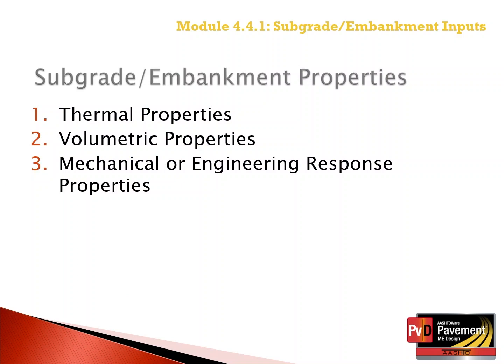As noted in an earlier slide, the subgrade and embankment layer properties, as well as for the other layers, are grouped into three primary types: thermal properties, volumetric properties, and mechanical or engineering response properties. We will discuss each one of these separately.